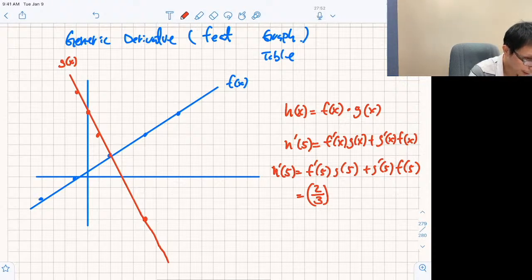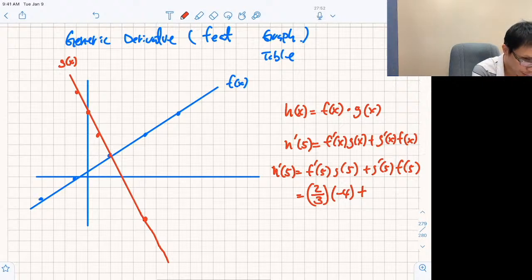Okay. What is g of 5? Is G the red line or blue line? Who says what? Negative 4? Okay. Sydney, is that what you say? Okay, good. Anybody else can contribute what g prime of 5 is?